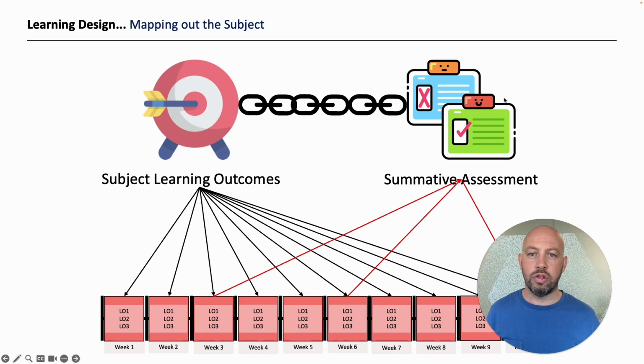Now, at specific points, you want to know if these outcomes are being met. So you have 2 to 3 summative assessments, however you want to design that. I would argue that every session should have formative assessment or assessment for learning for you to understand to what degree these subject level outcomes, these session level outcomes are being met. Now, once you've done this mapping exercise, which is really key to keep you in a very streamlined, focused approach to your education design, let's look at one specific session.